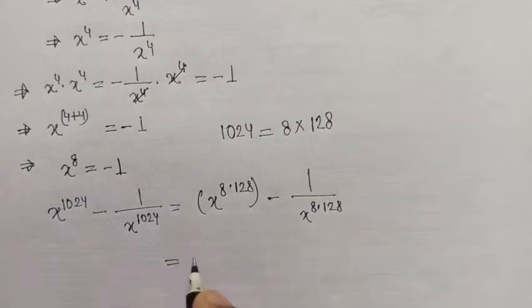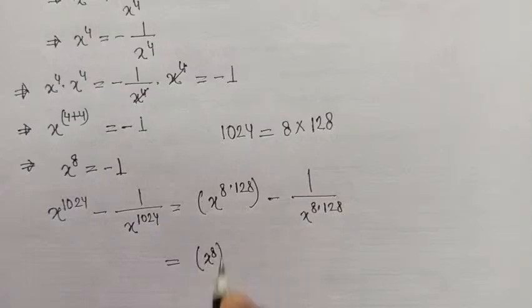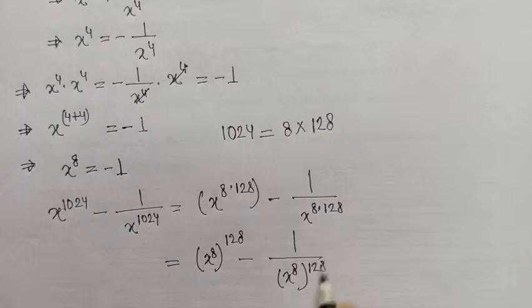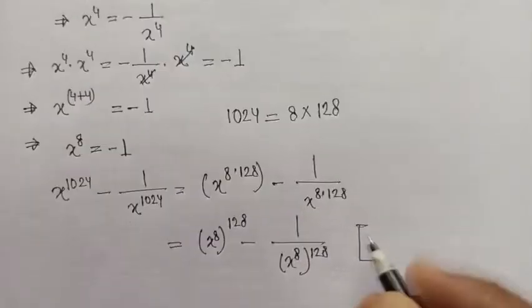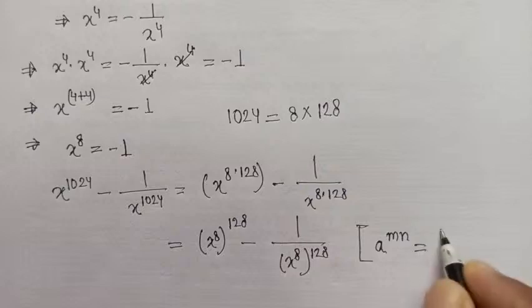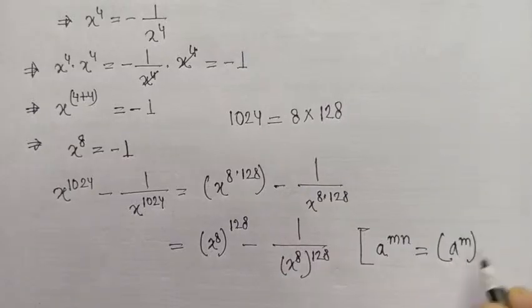Now we can write the expression as x to the power 8, to the power 128, minus 1 by x to the power 8, to the power 128. As we know the formula, a to the power mn is equal to a to the power m, to the power n.